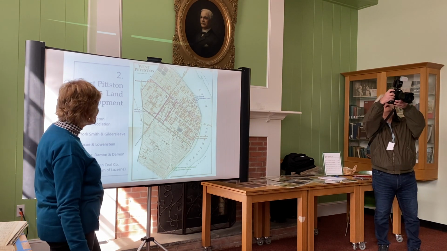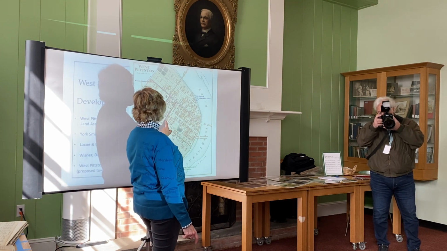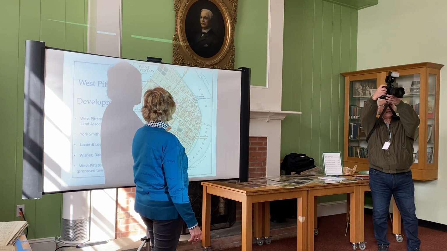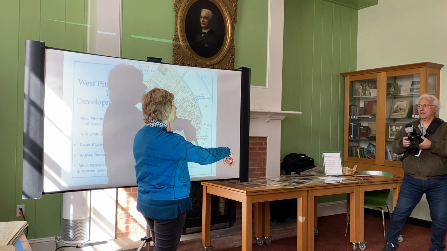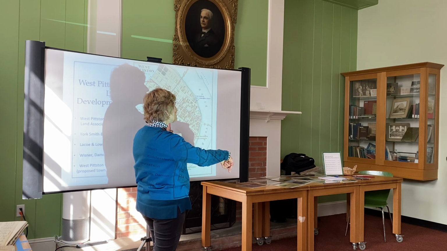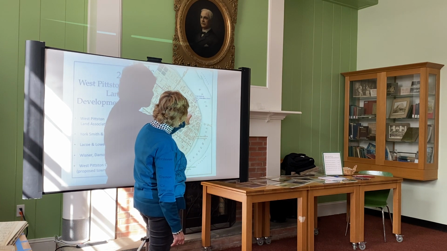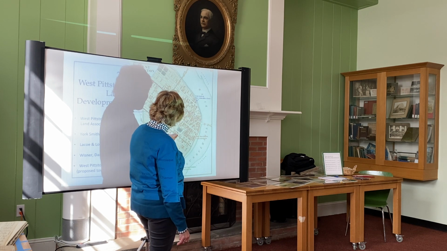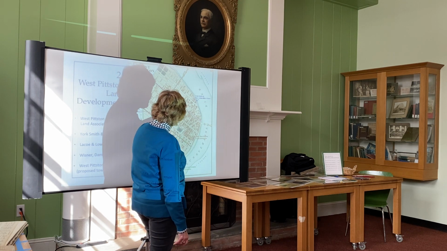It was roughly from the river back as far as Washington, and from Exeter Ave over to a point halfway between Delaware and Montgomery. So that's where Peter Poland's farm was.